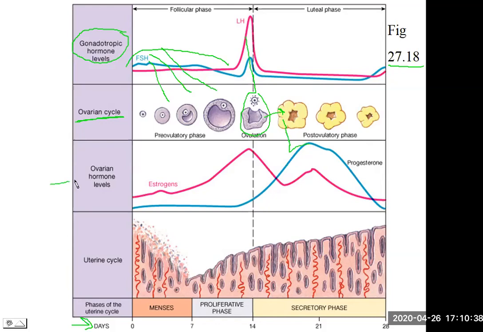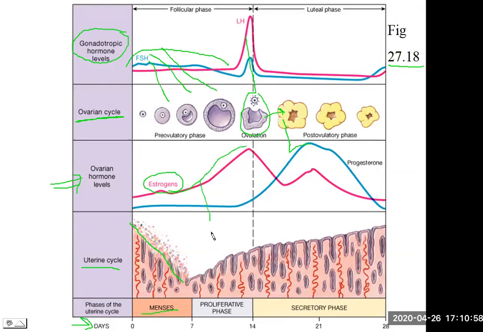Looking at hormones produced in the ovaries themselves, so we notice after menses, in the uterine cycle, after there's the breakdown of the endometrium for the most part, estrogens are produced, and that leads to the rising levels of estrogens, of course.